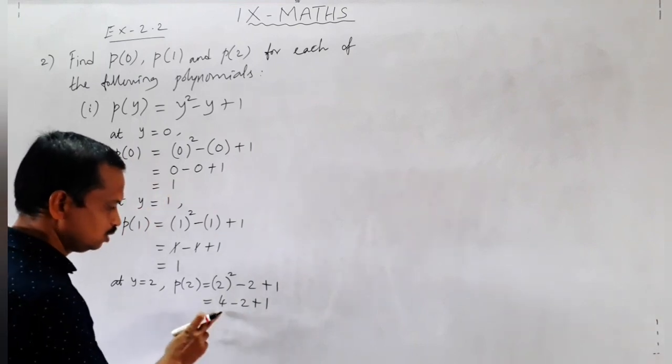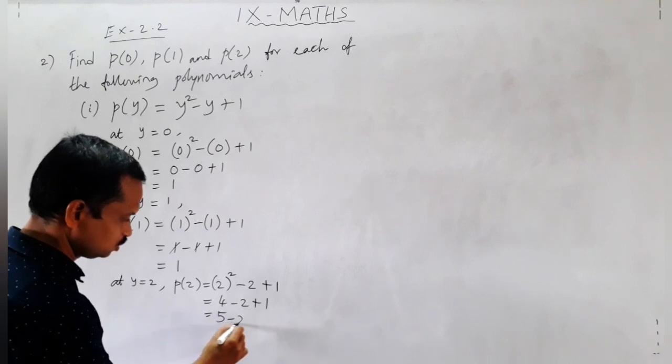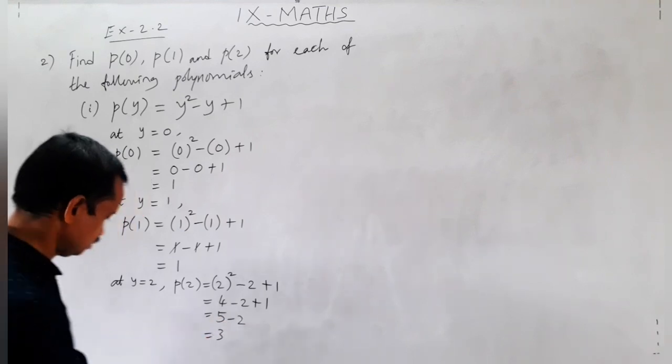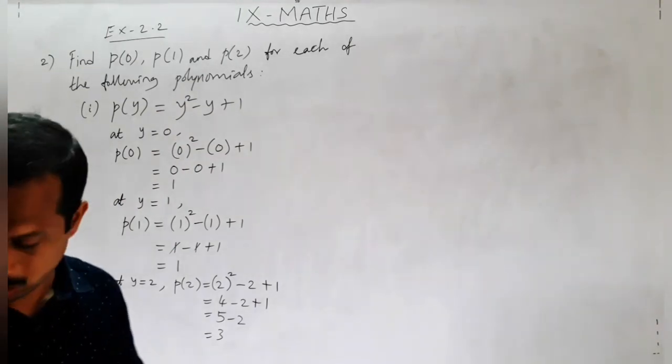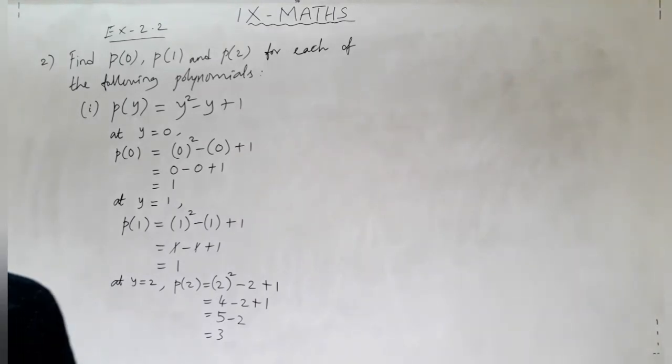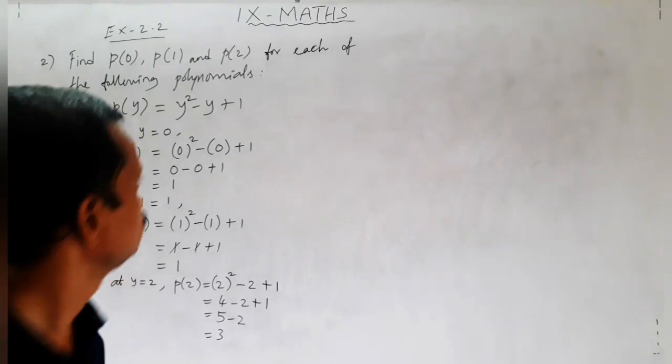Now the positive values are 4 and 1. So 4 plus 1, 5, and then minus 2, which is nothing but 3. So at y equal to 2, p of 2 is 3 for this polynomial. So that is the first option. Like that we have to do options 2, 3 and 4, and I will do option 4 for you. The remaining 2 are homework. Clear?